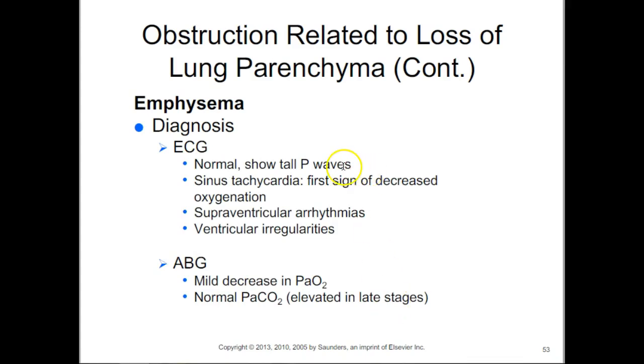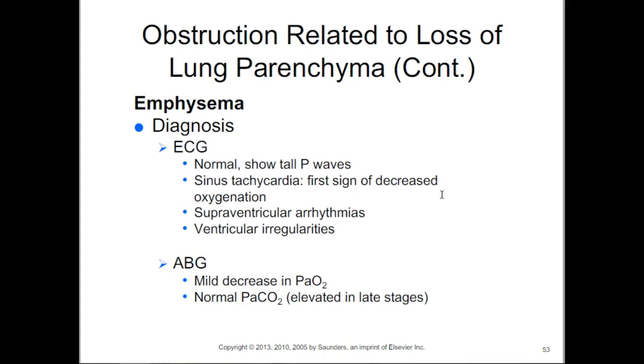All right, so you might see a normal EKG with tall P waves, sinus tachycardia, which is obviously if you have very little oxygen, you're going to have an increase in your heart rate. And then supraventricular arrhythmias. Remember, that's before the ventricle. The EKG at the ventricle is the QRS complex.